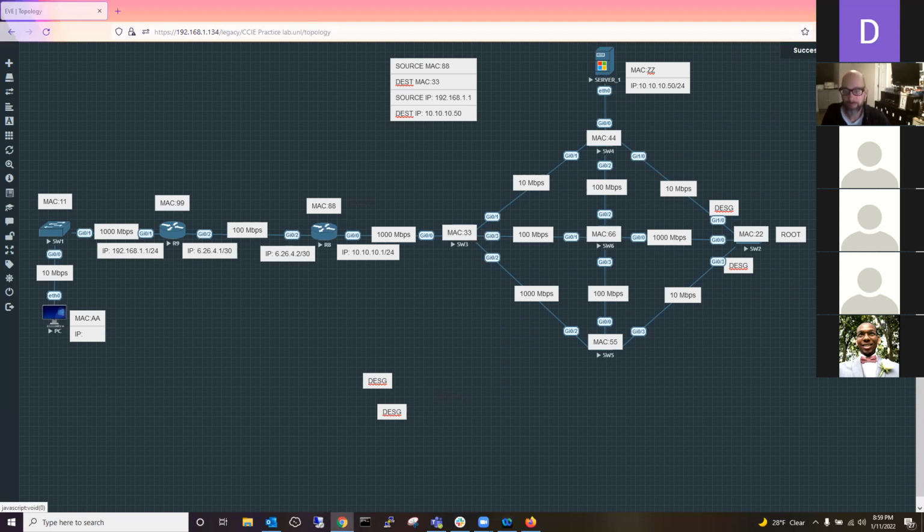On Switch 5, since they're all gigabit interfaces, well, they have different speeds, never mind. Gig 0/2 will be the designated port, and Gig 0/0 and 0/3 will be set to forwarding or blocking.